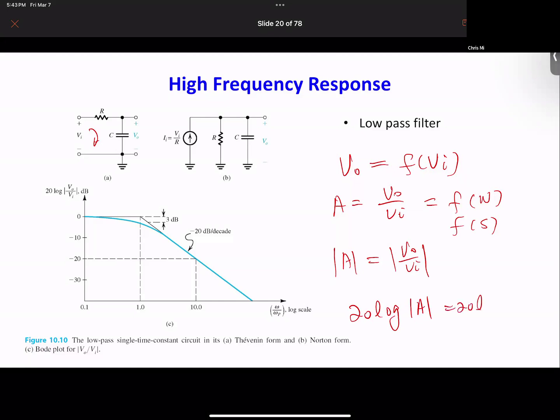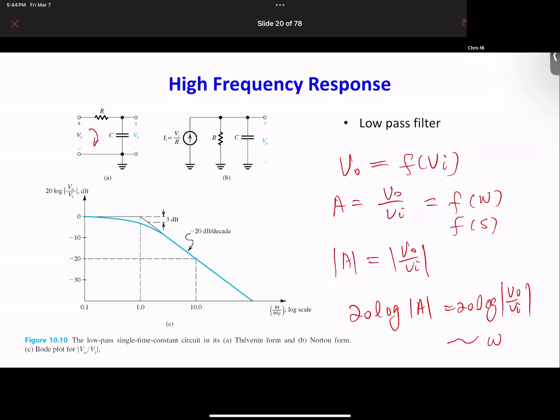So this is 20 log VO over VI, and this is a function of omega. Then we plot this thing as a function of omega. Over here, you can see we go on a logarithmic scale from a certain frequency, and at some frequency this is going to start to drop.